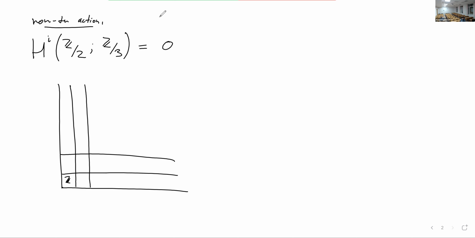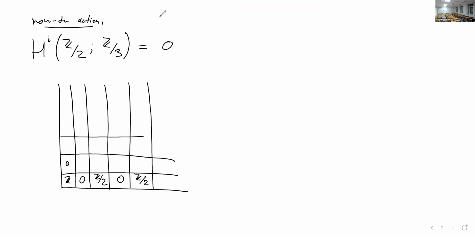So we have Z, then 0, then Z/2, then 0, and so on. The first row is 0, and then we have the second row, which is basically Z/3, and then lots of zeros.